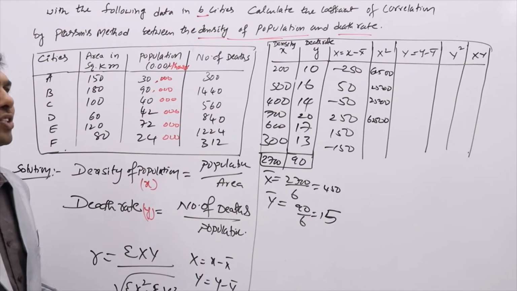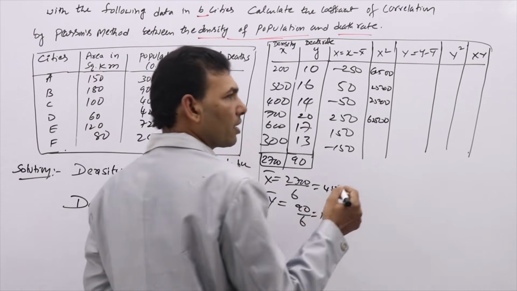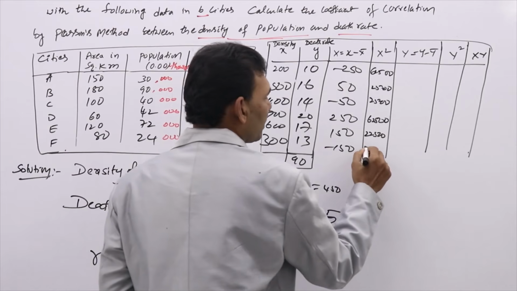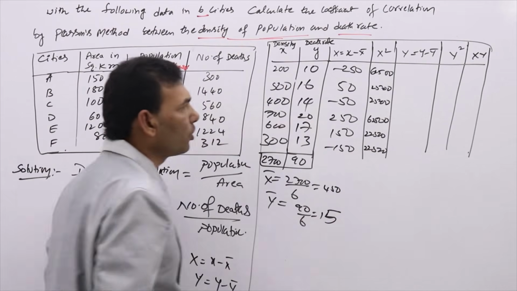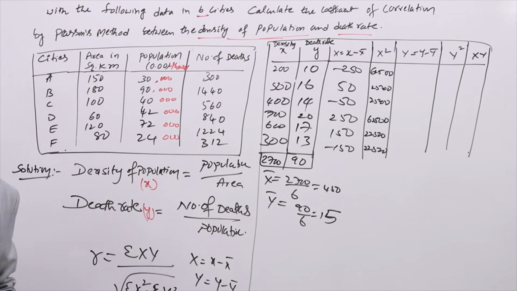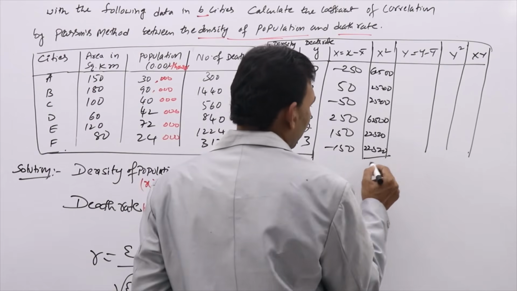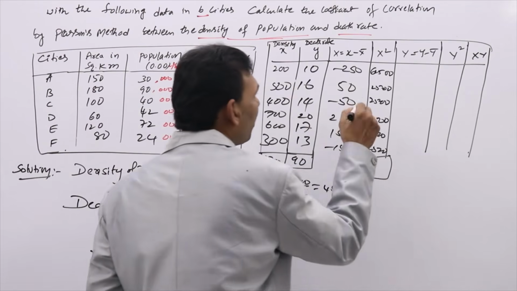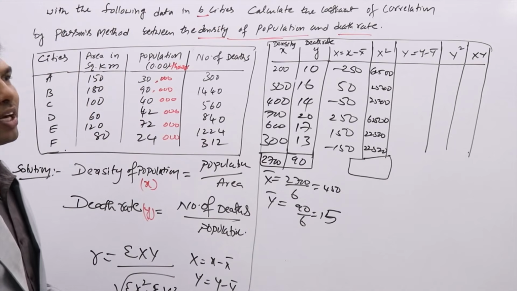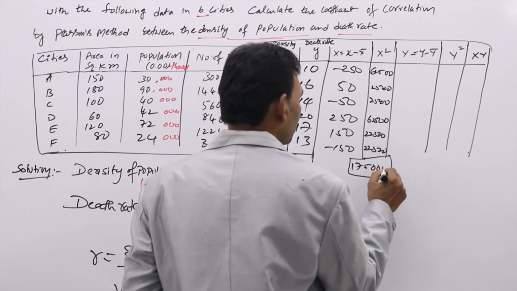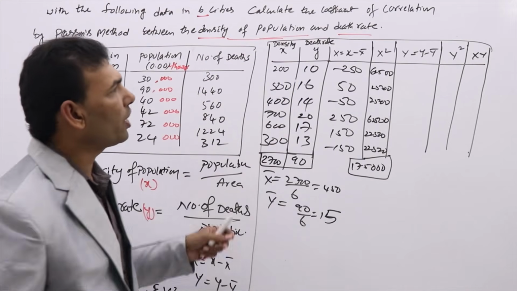Again, 15 square, 225 double 0. 15 square, 225 double 0. 25 double 0. 225 double 0. Okay, like this you need to calculate x square. Next, you need to calculate the sum of capital X square, because we are going to use that one. 1,75,000.